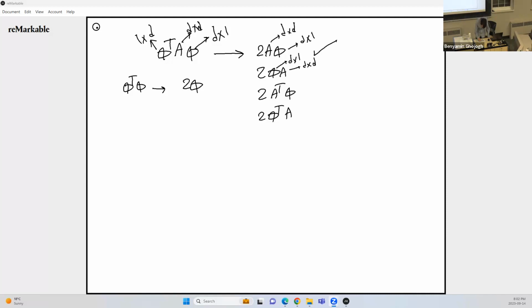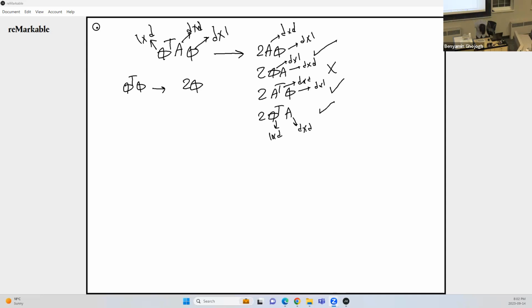This is D by D. It's nonsense. A transpose is D by D. This is D by 1. Makes sense. This is 1 by D. This is D by D. This also makes sense. Now, among these three, which one should we use?